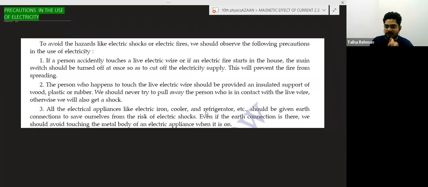Earthed means when you earth that device, all the charge from that device will flow to the earth, and there will be no electric shock. That is why we use the earth wiring.